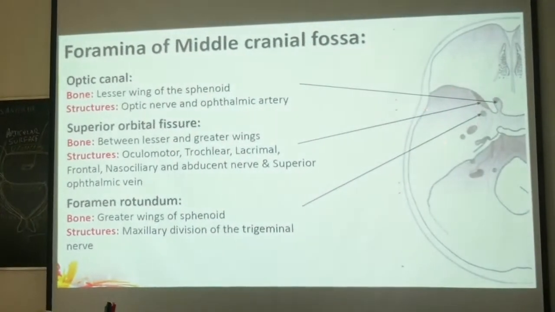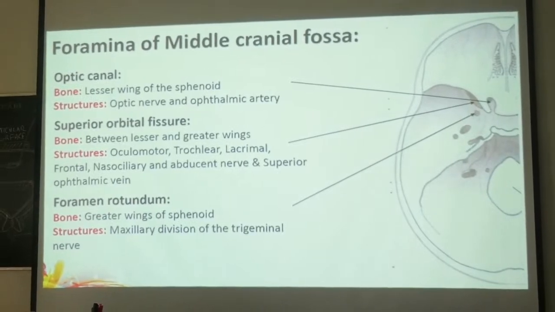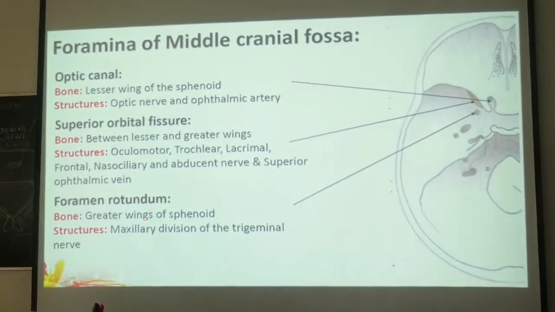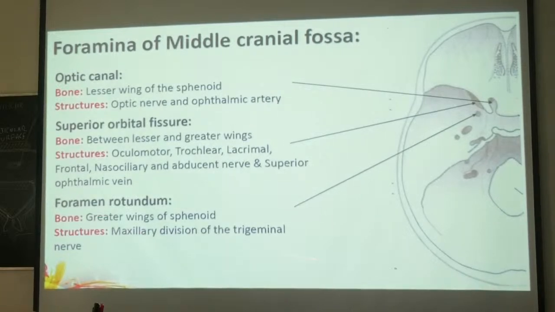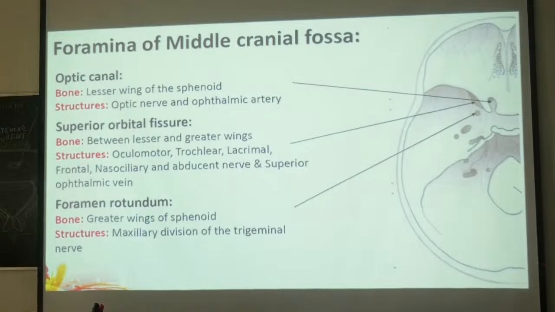Next is the foramen rotundum. Just posterior to the superior orbital fissure, this rounded foramen is the foramen rotundum, the round foramen. It lies in the greater wing of the sphenoid. And what are the structures passing through it? The maxillary division of the trigeminal nerve.